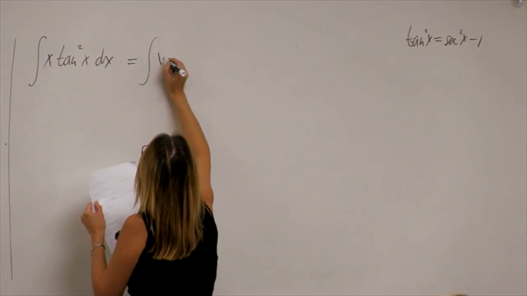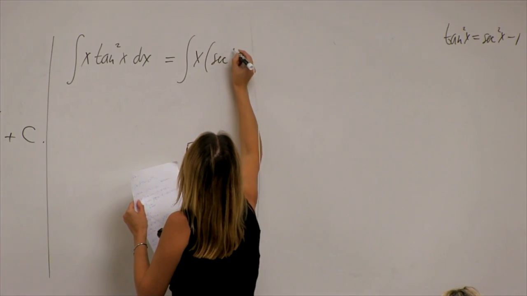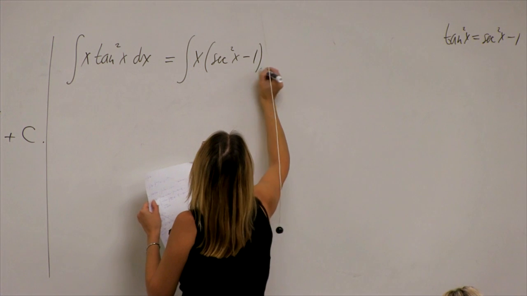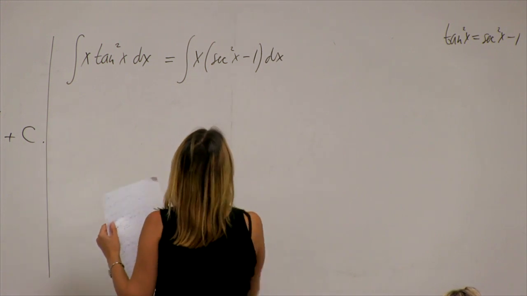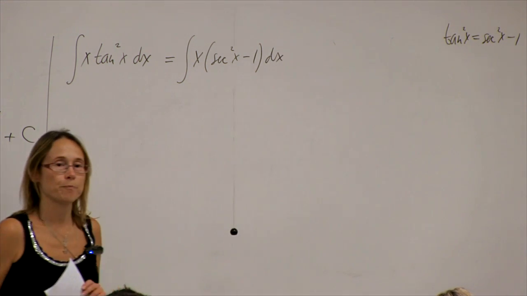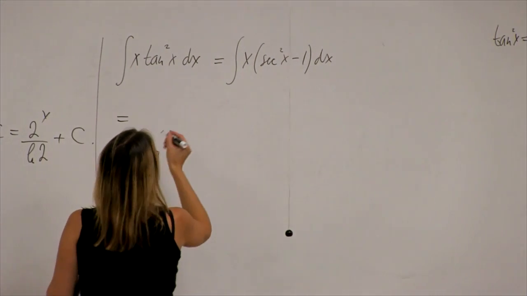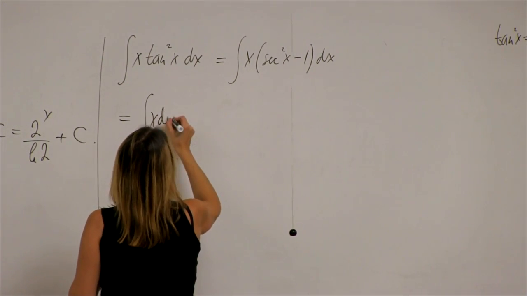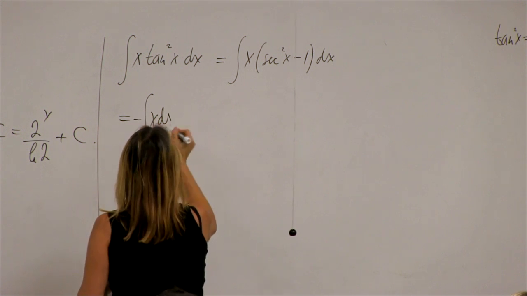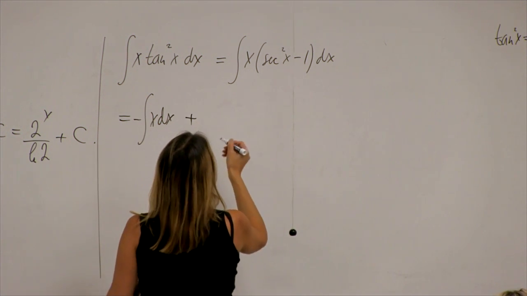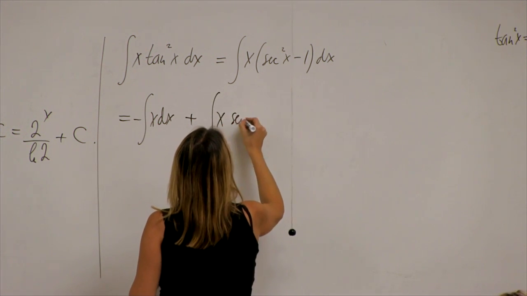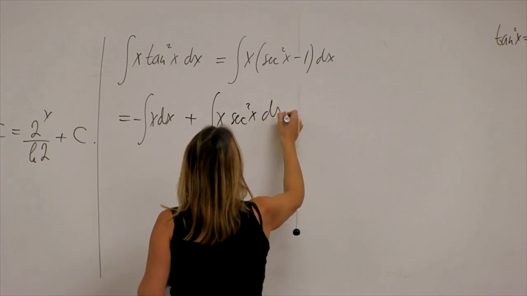So here I'm going to have x times secant squared x minus 1 dx. How does this help? This helps very much, actually. So the next step, I have minus x dx plus x secant squared x dx.